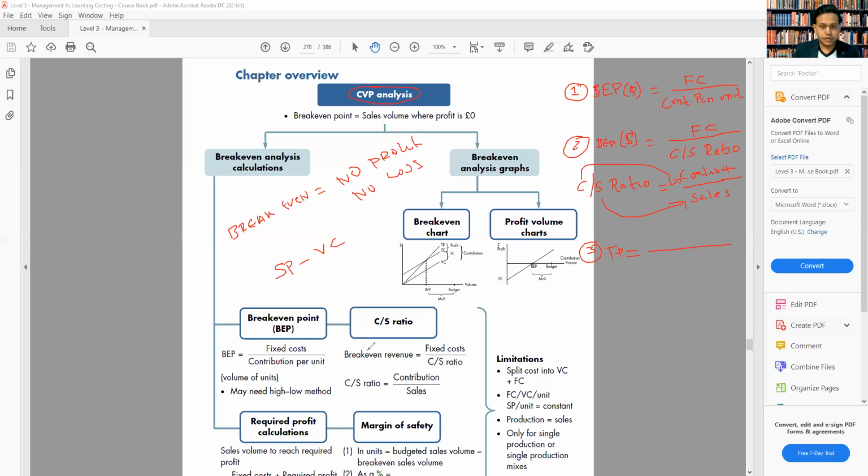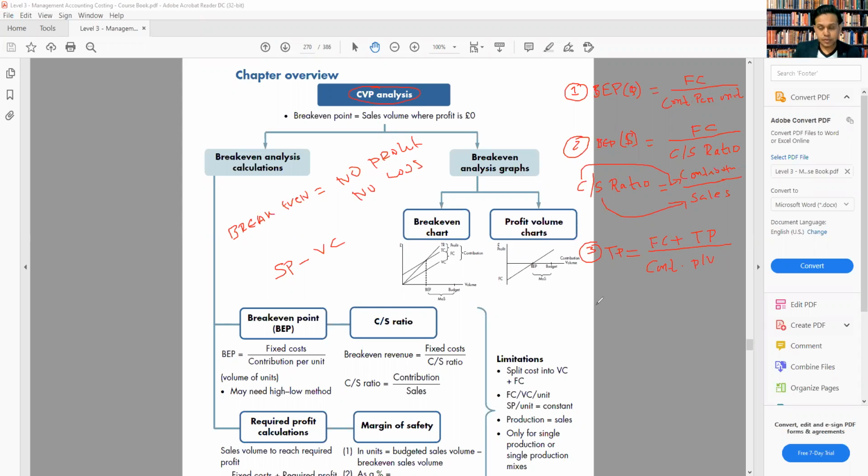On the top, we're going to write fixed costs plus targeted profit. On the bottom, we're going to write contribution per unit.